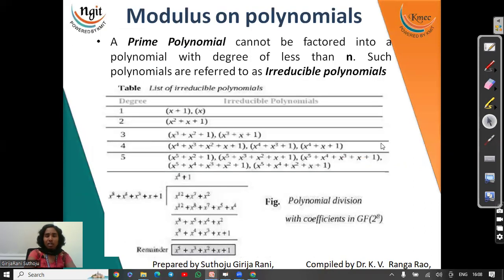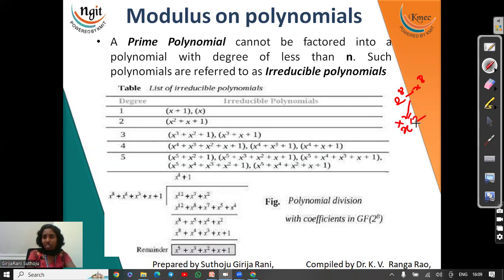Clear? Now, a prime polynomial is a polynomial which is given as an input. An irreducible polynomial is a polynomial where the value exceeds the Galois field. I have given the Galois field as only 2 to the power of 8, so x to the power of 8, but it is exceeding to x to the power of 12.